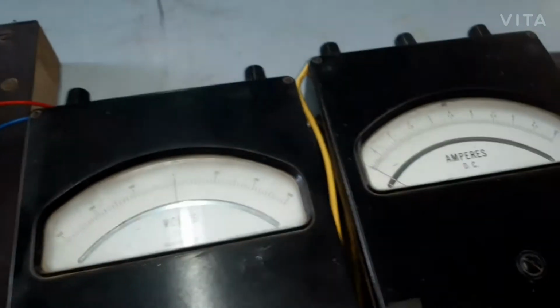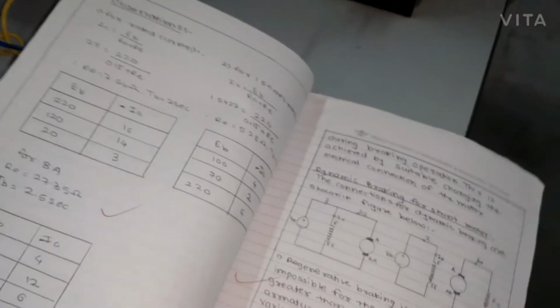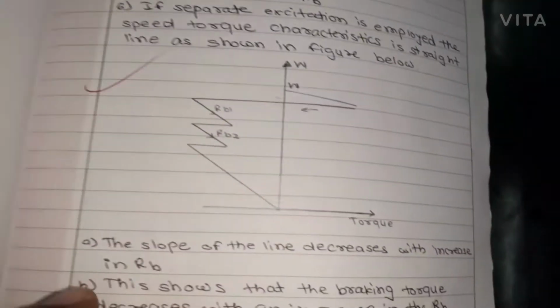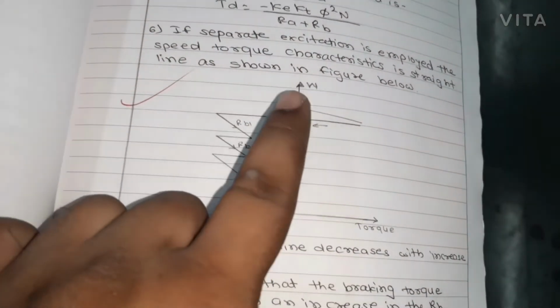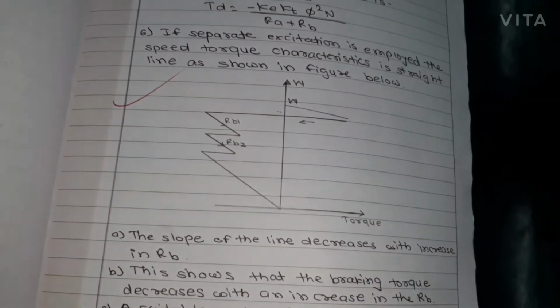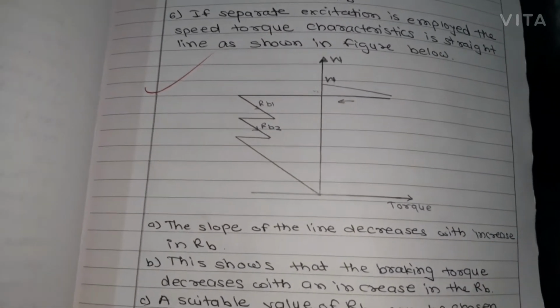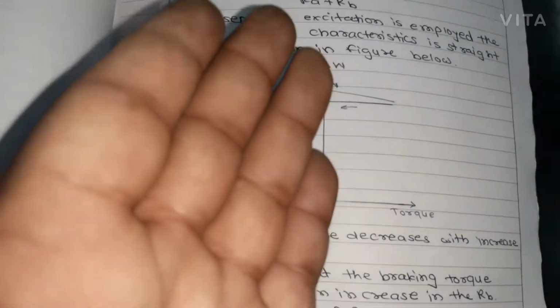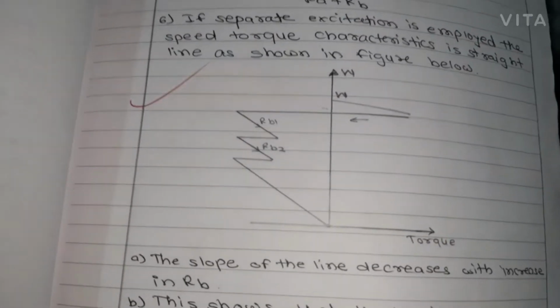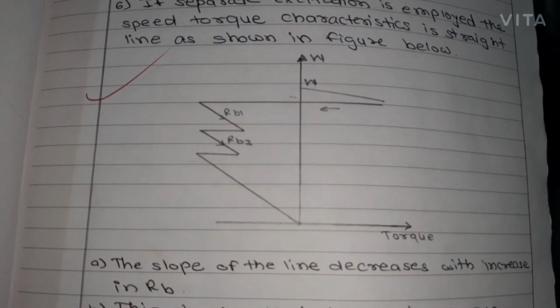So what we need to plot is the characteristic. The characteristic is the relation between the torque and the speed, omega and T. But instead of sensing or measuring torque, or even measuring speed, we can measure the quantities which are directly proportional to these two.